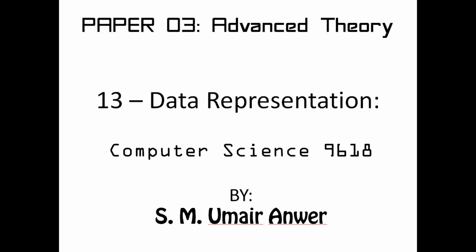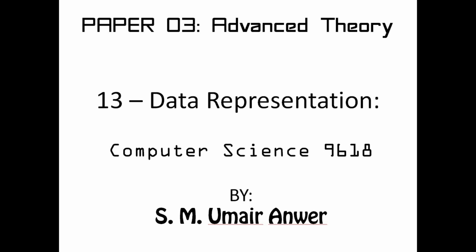In A2 Computer Science, we have 8 chapters: chapter number 13, 14, 15, 16, 17, 18, 19, and 20. There are two papers in A2 as well: Paper 3, Advanced Theory, and Paper 4, Practical. Paper 3 is conducted from the topics of all the chapters from chapter number 13 till chapter number 20.